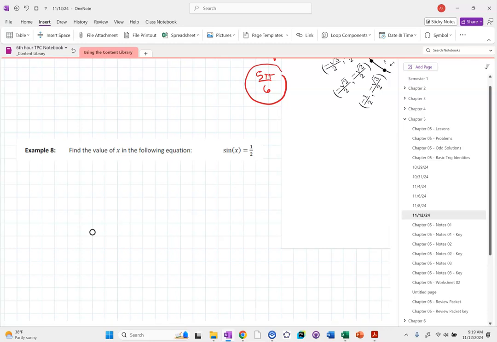How many answers is this going to have? We know it has at least 2, right? We know it's at least pi over 6 and 5 pi over 6, right? Because both of those, if I do sine of them, give me 1/2. Are there more than just those 2?